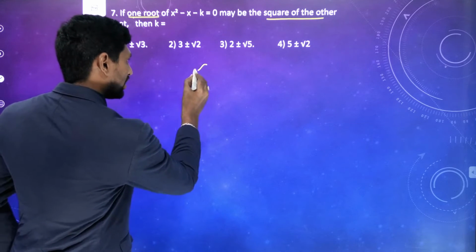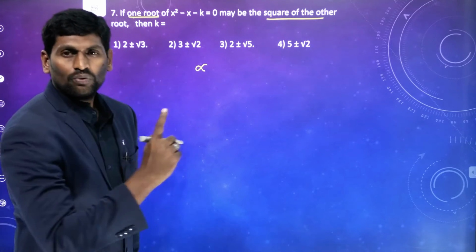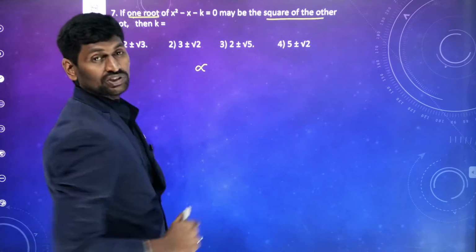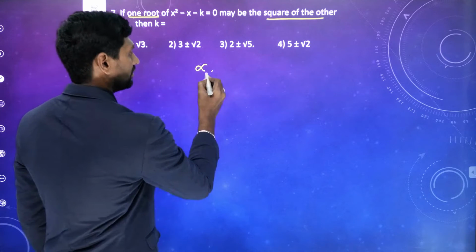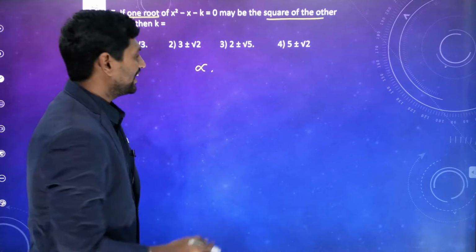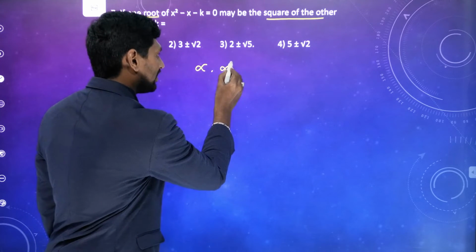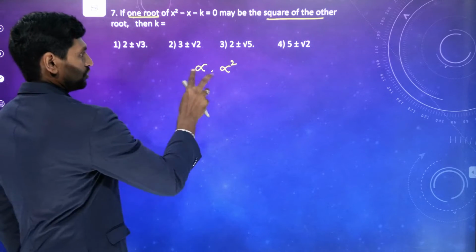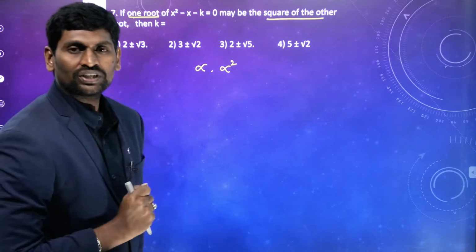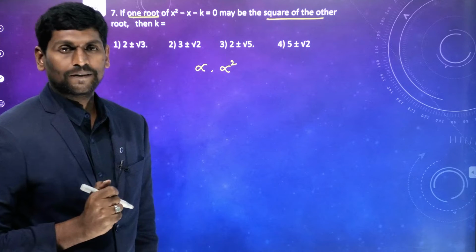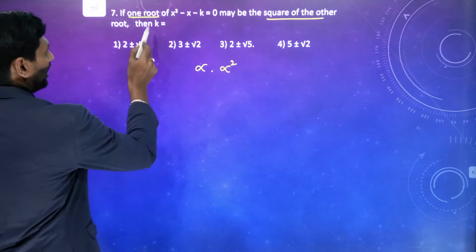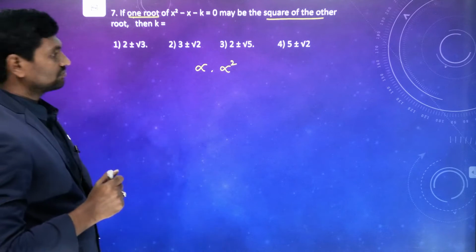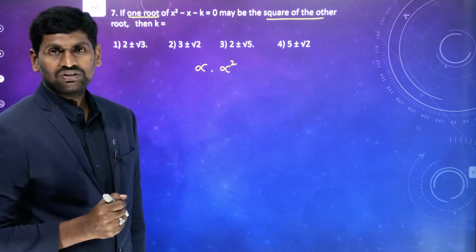So if we take one of the roots as alpha, what is the other root according to the given question? Very good, it will be alpha square. So one of the roots is alpha, then the other root is obviously alpha square. Then we have to find the value of k.